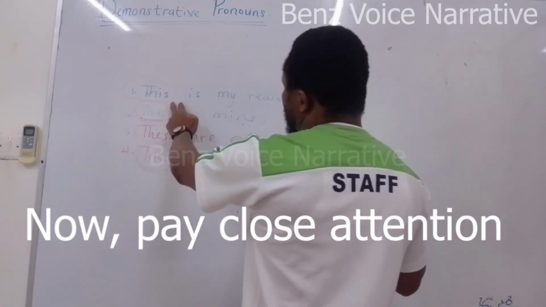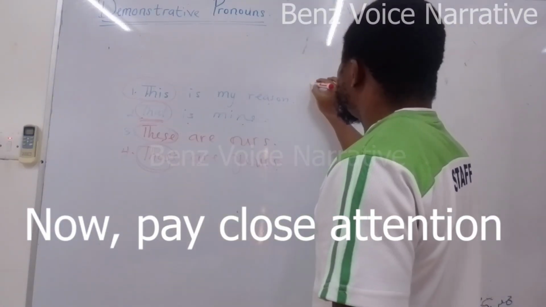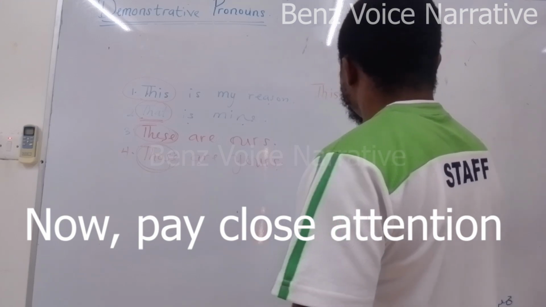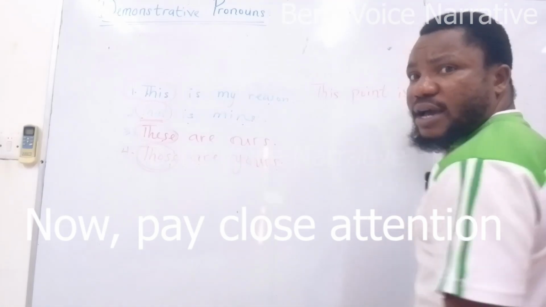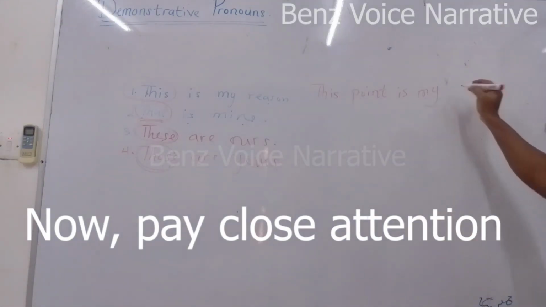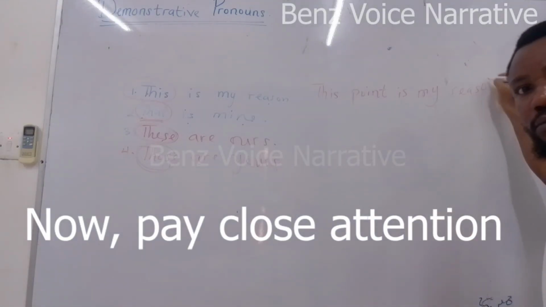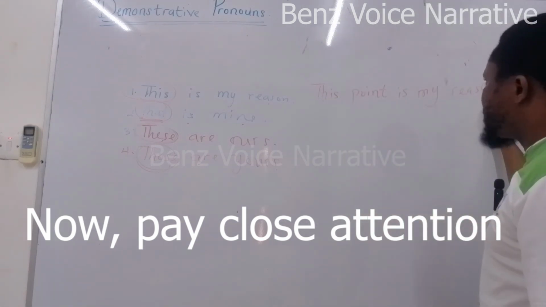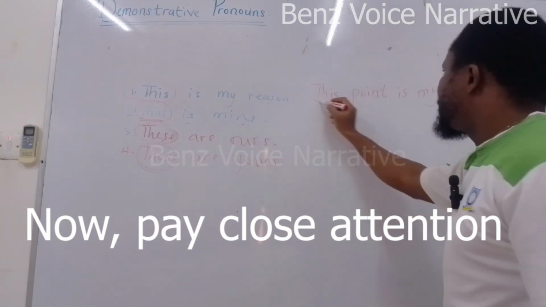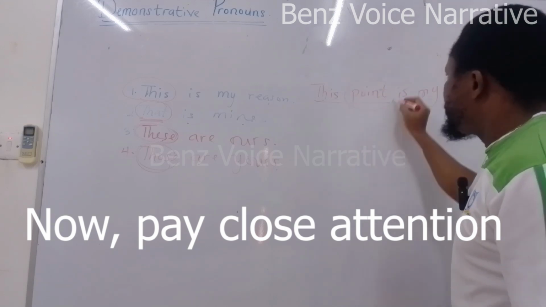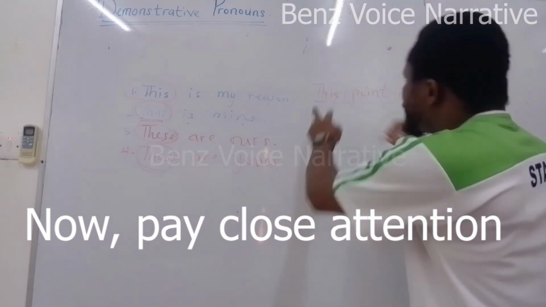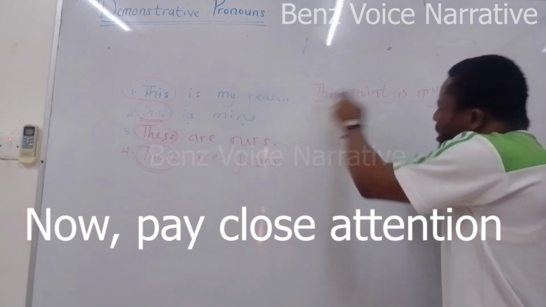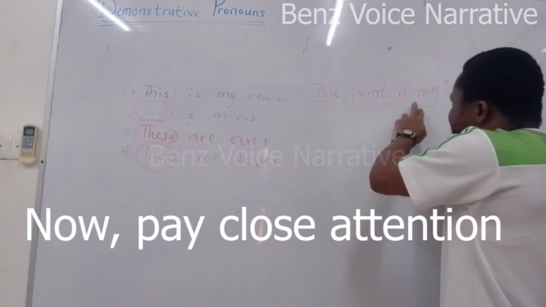To change this to a demonstrative adjective, we have something like this: this point is my reason. What is my reason? This point. Now we're talking about a point, but it is this one. So this is describing this point. It is telling us the specific point. This particular point, this point is mine.